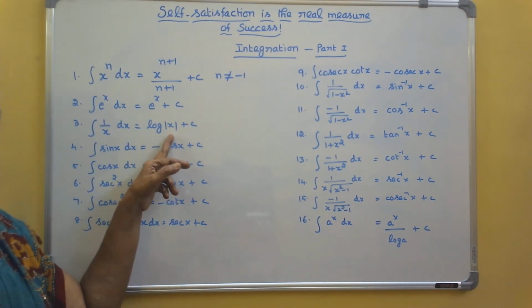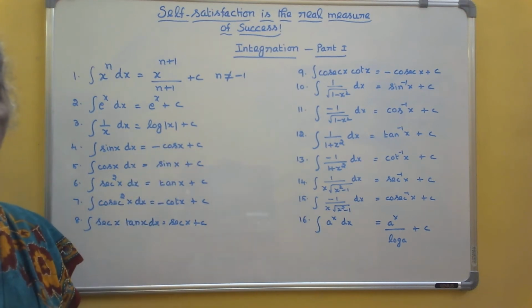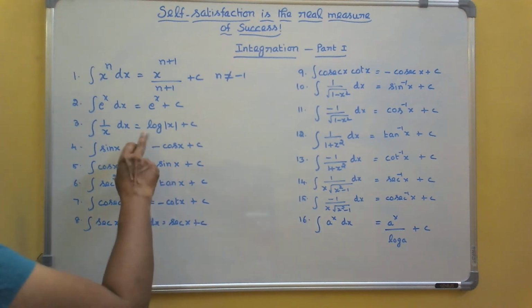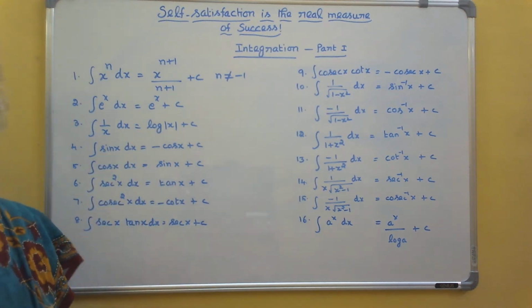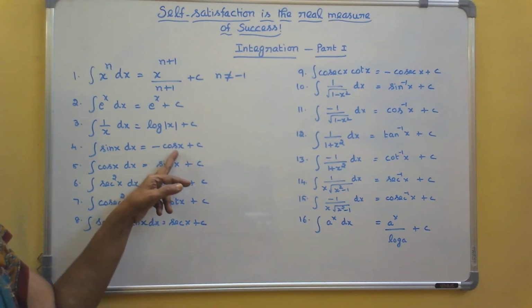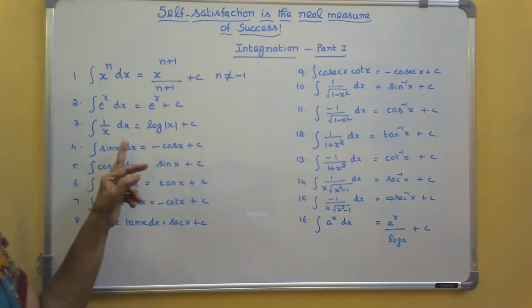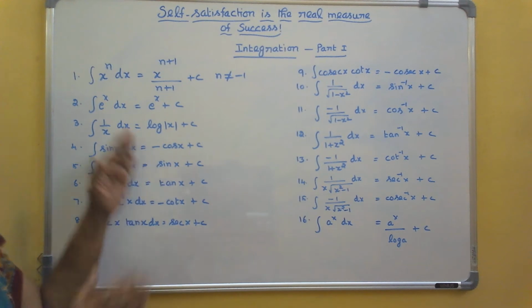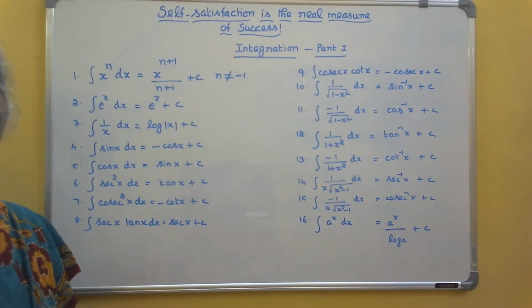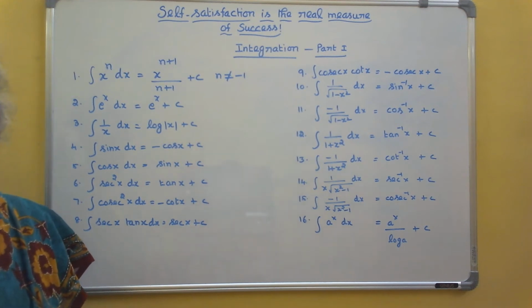Then here log mod x, that mod is introduced because within log anything should be a positive thing. Okay? So now log x, you know the differentiation is 1 by x. So here the integration is log mod x plus c. And you know for cos x it is minus sin x. So for sin x it is minus cos x. Like that, if you see all the things, it will be a straight inverse formula.